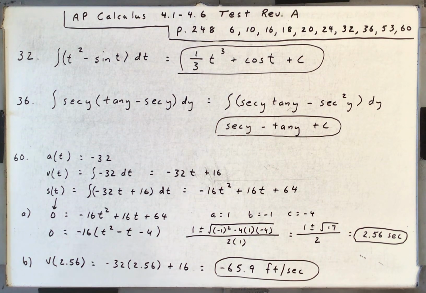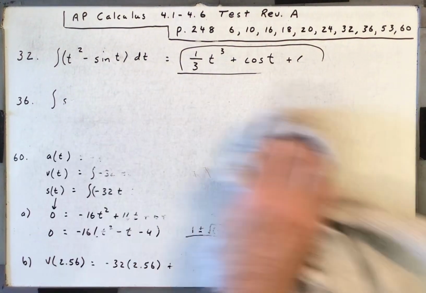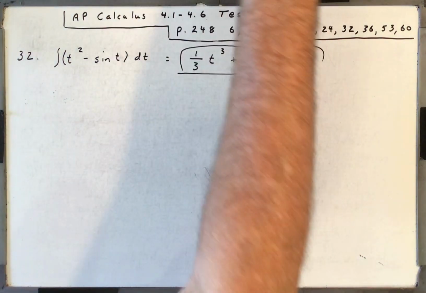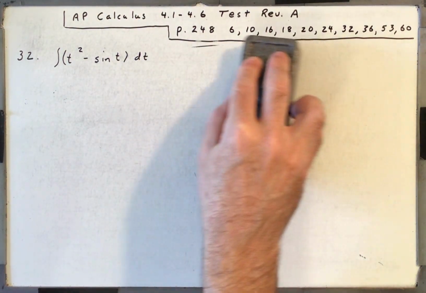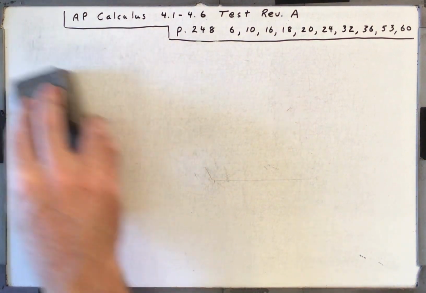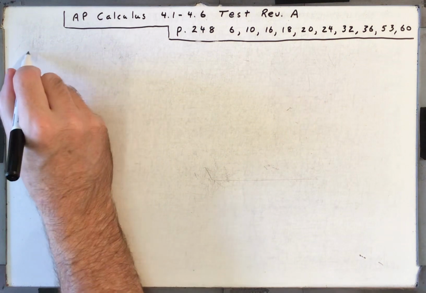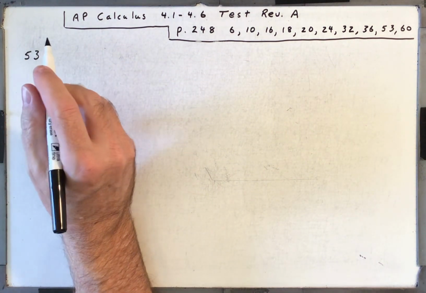I got one more to work, number 53. Okay, so 53 is a differential equation. It says solve the differential equation.